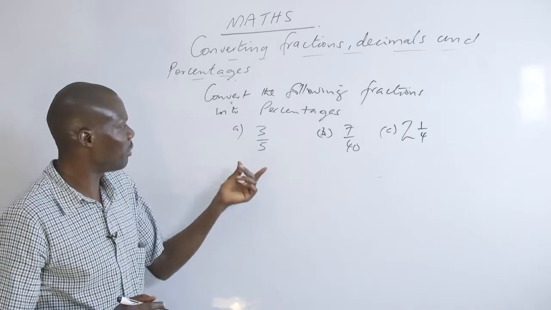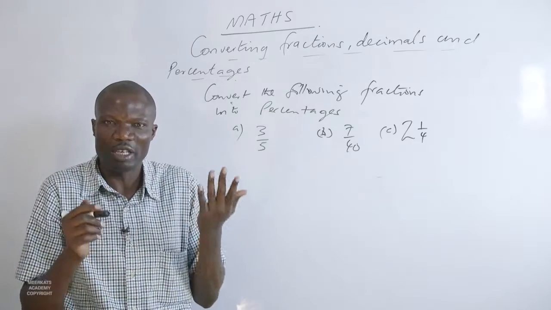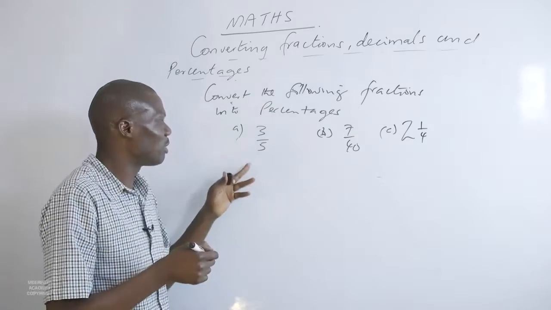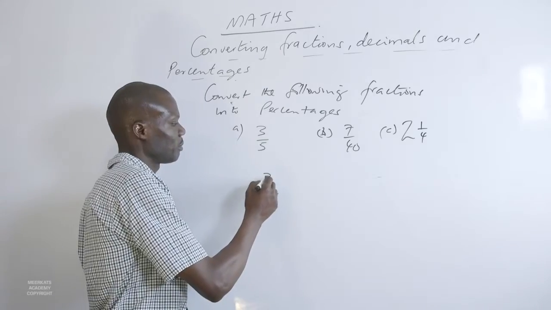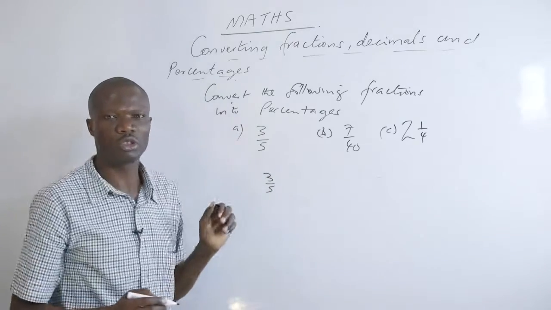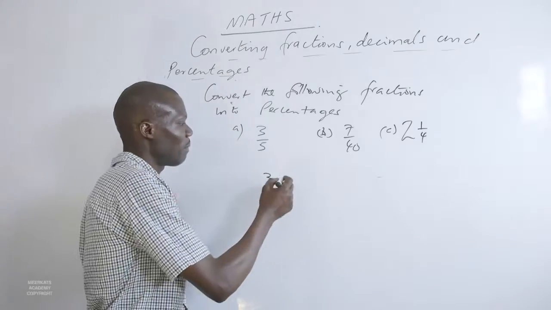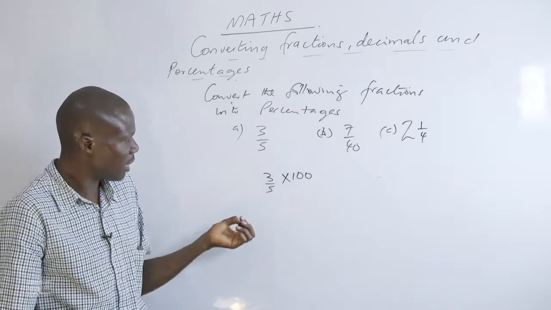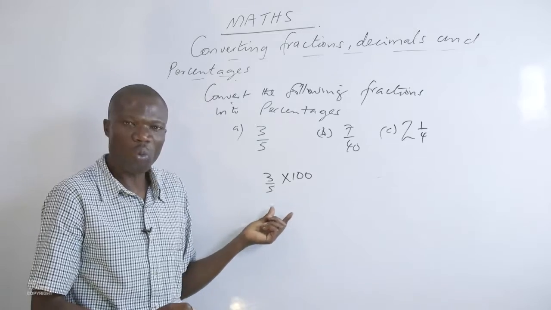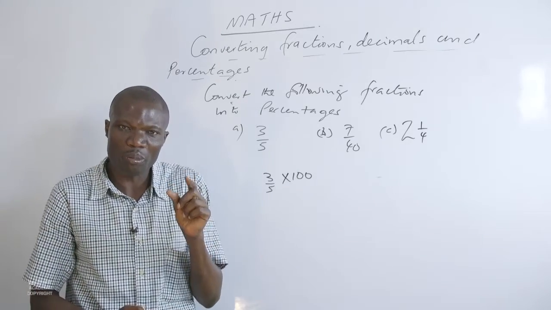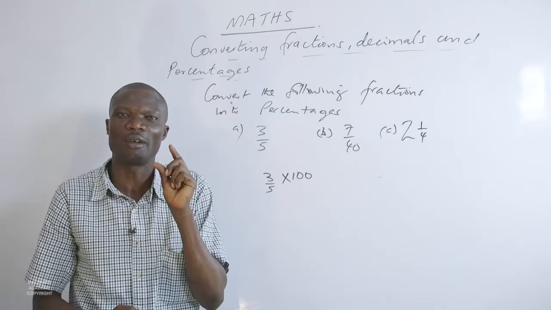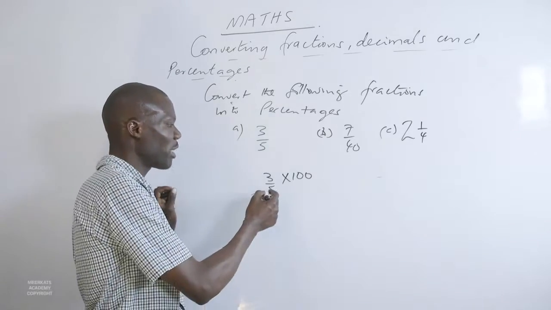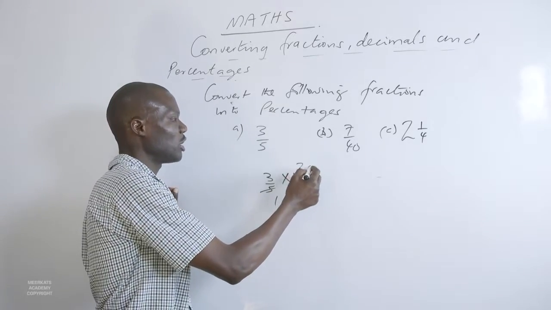So here the first one is a proper fraction, 3/5. To convert, we shall do what? Multiply by 100. Simplify whenever possible. Remember, the answer is in percentage. So 100 by 5, 1 by 5, 20.